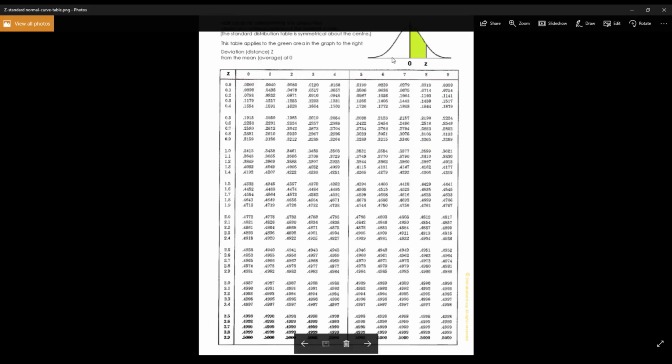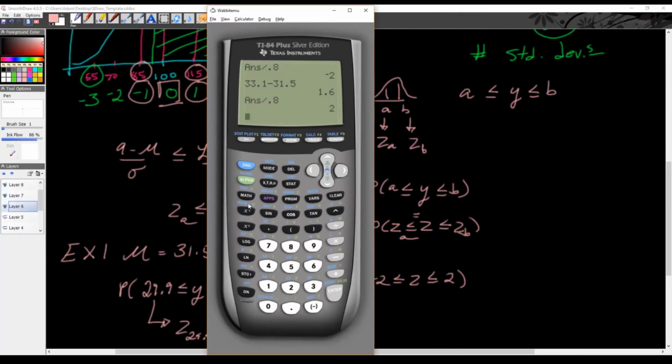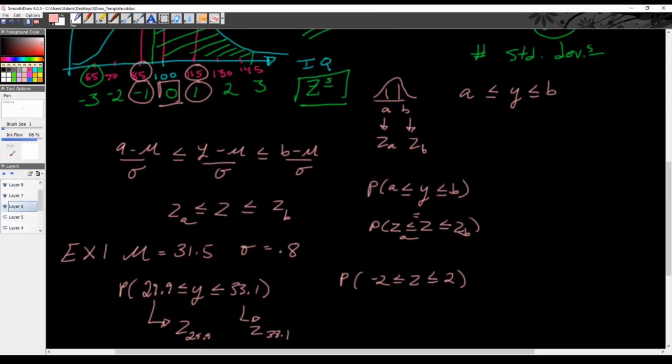Now I also know that this curve is symmetrical. So the area in between 0 and negative 2 is also 0.4772. So the total area in between negative 2 and 2 is 0.4772 times 2, so that would be 0.4772 plus 0.4772, and voila, 95.44% is the answer.